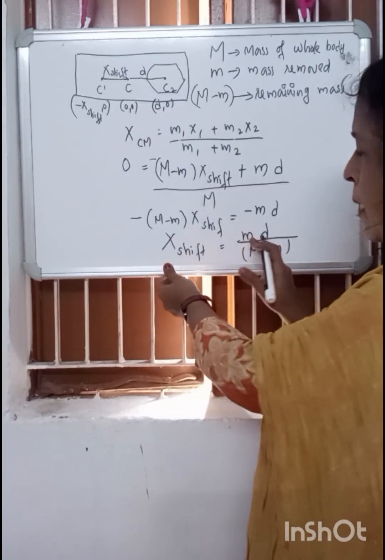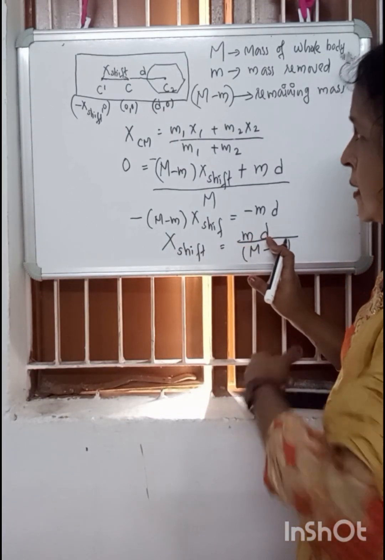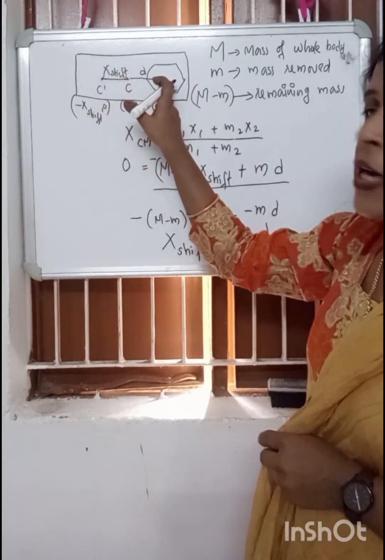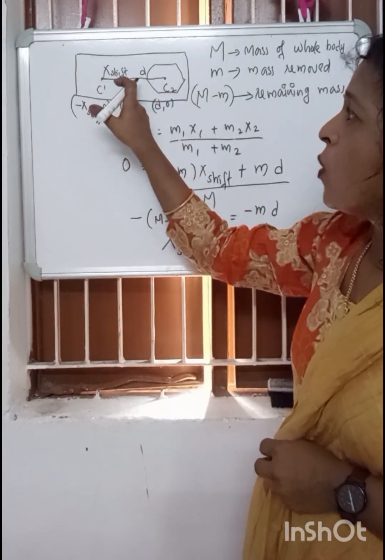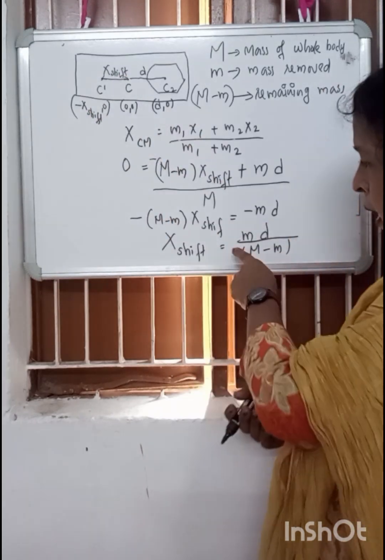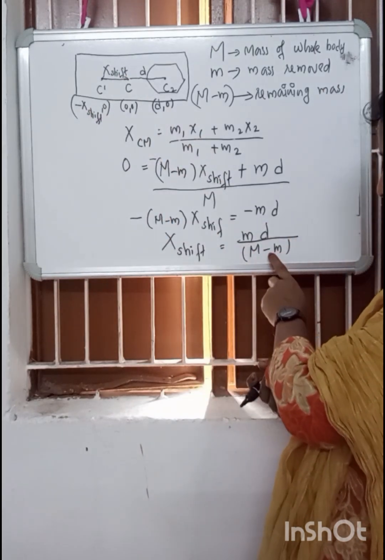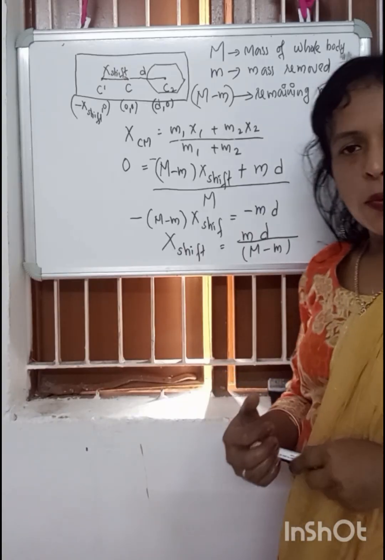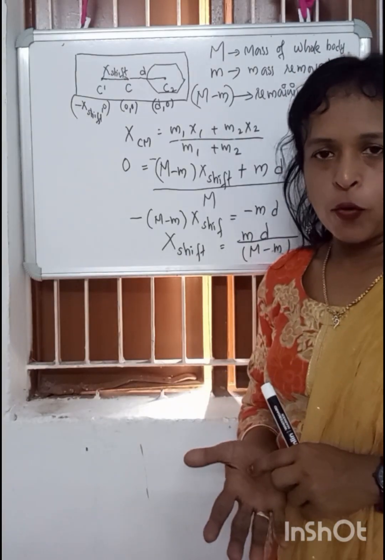What is m? Mass removed. What is d? It is the distance between the center of mass of the mass removed and the original center of mass of the body, divided by total mass minus mass removed. This is our equation, and using this equation we can solve a problem.